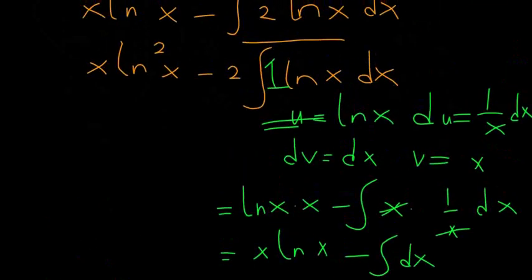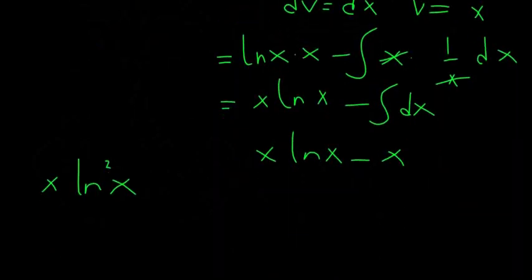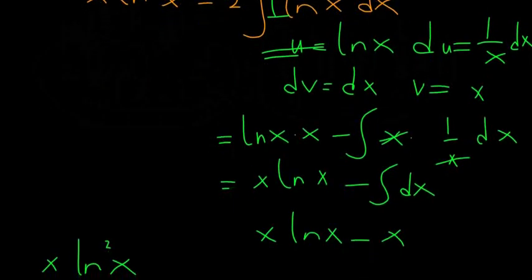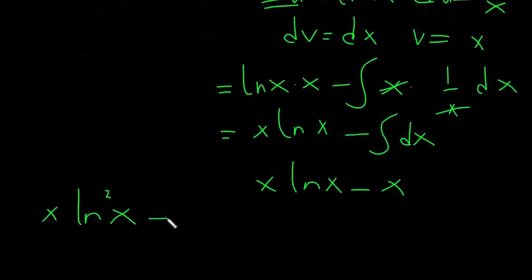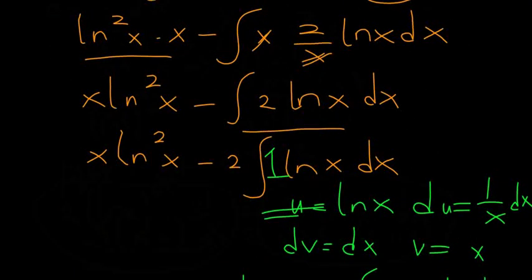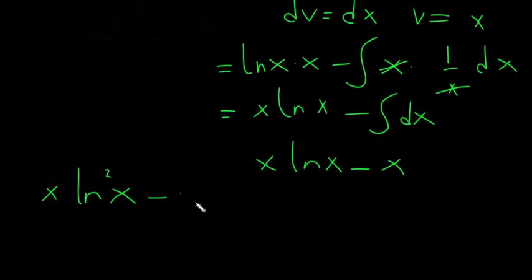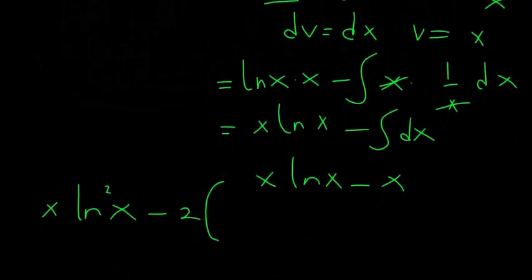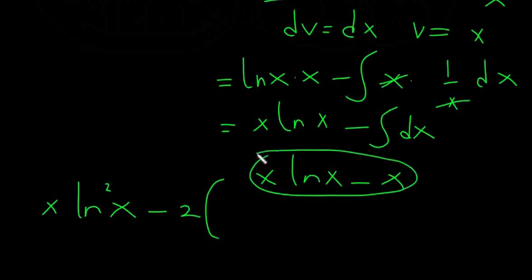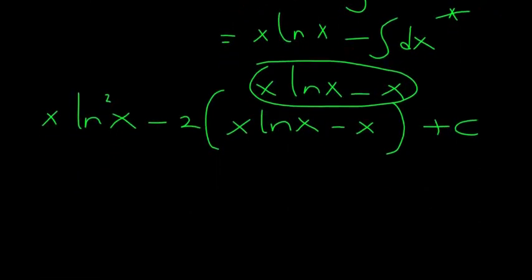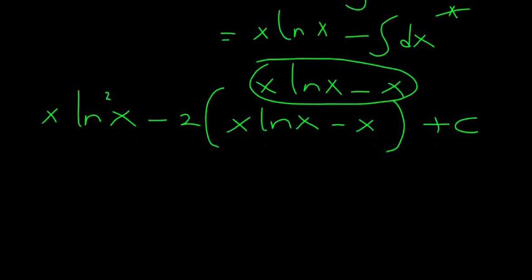Now this is the final answer: x ln squared x minus 2 multiplied by the whole of this thing. So we have 2 multiplied by x ln x minus x, and then remember a plus c, which is the integration constant. So let me check whether we can simplify it further.